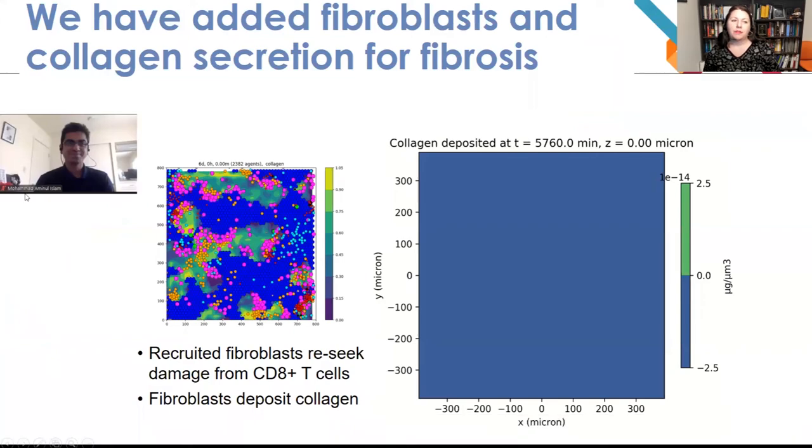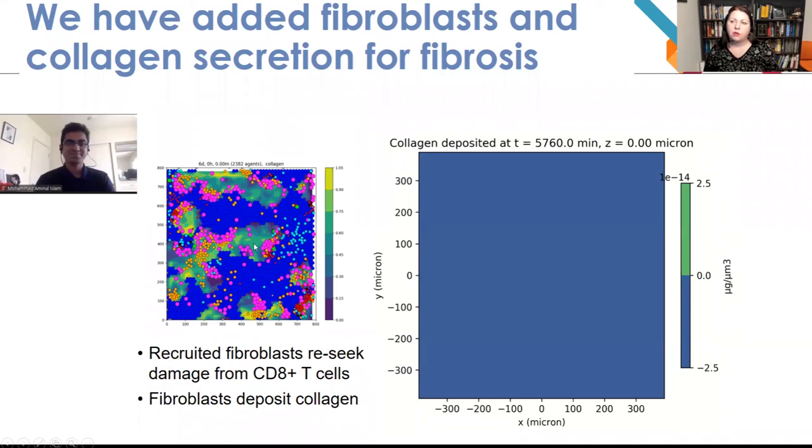My team, we've specifically added fibroblasts, and these are useful for healing and the fibrosis processes involved in later stages of acute lung injury. And so here we've represented the fibroblast in orange, and the way that we have this implemented in our agent-based model framework is that fibroblasts are recruited when CD8 plus T cells kill off infected epithelial cells.